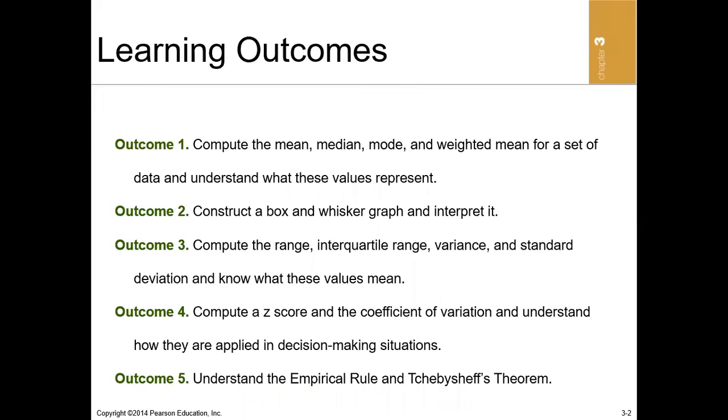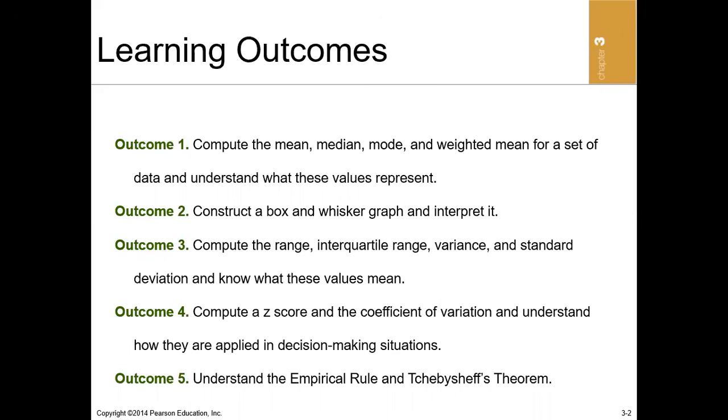Now, by the end of this lesson, we should be able to understand the various ways of describing data in terms of measure of central tendency, or what is basically known as the average. So by the end of this lesson, we should be able to understand the various averages that we have.